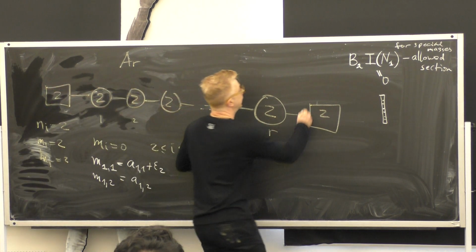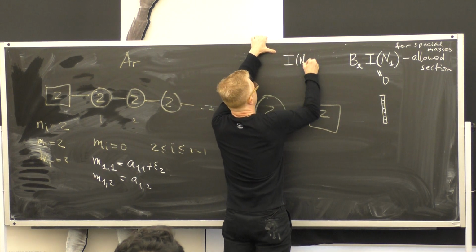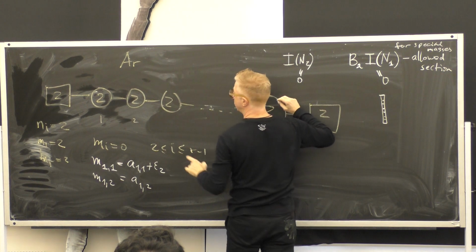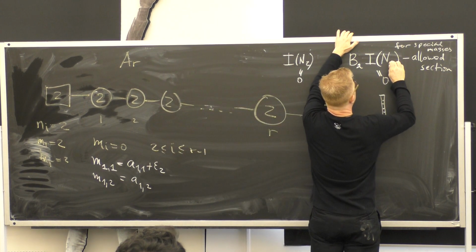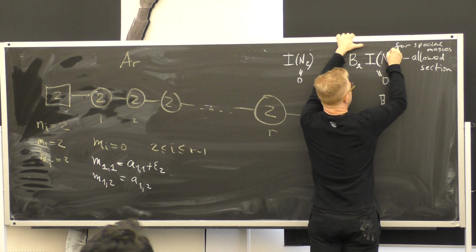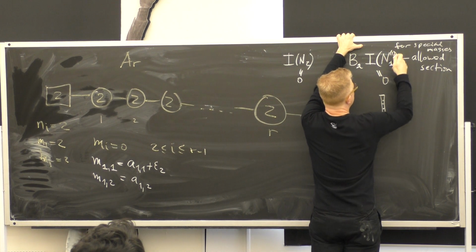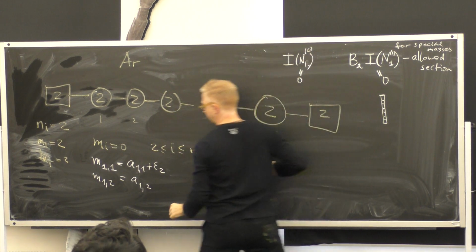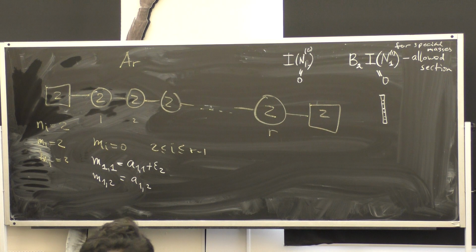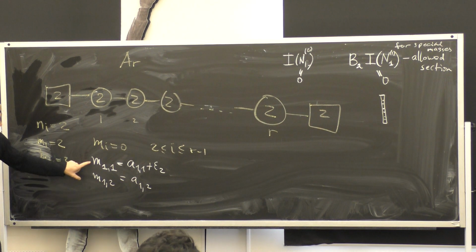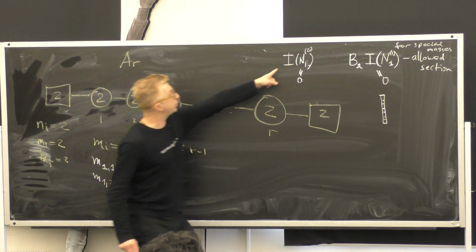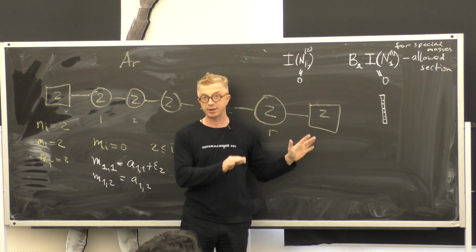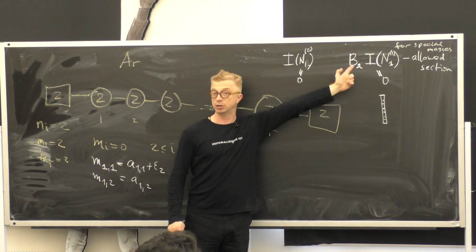So that means that I of n2 is equal to 0. Again, I apologize for my notation. So let me write this. This is the first node, first eigenspace, and this is the first node, second eigenspace, eigenspace of the color torus. And so this relation means that I'm allowed to write additional equations. So in addition to whatever ADHM equations I was writing before, I now impose these additional equations.